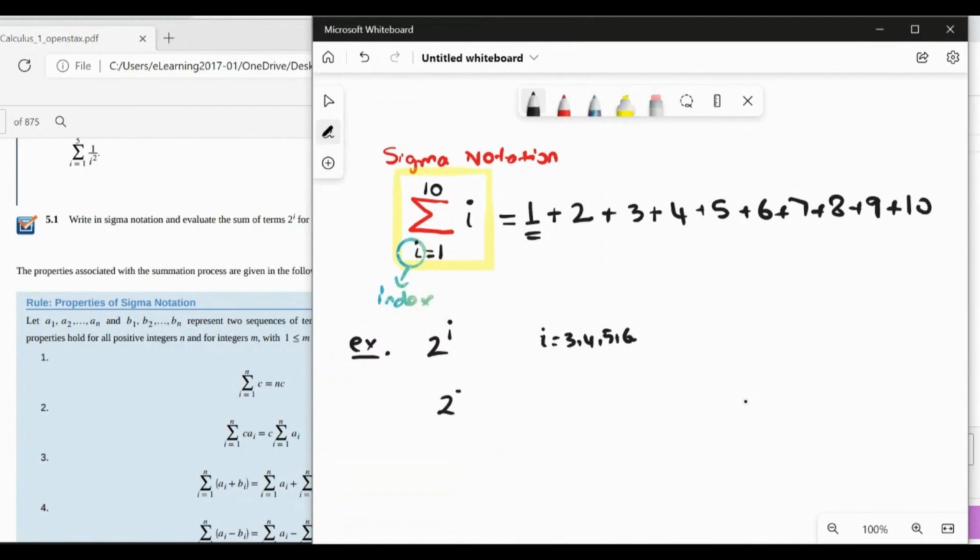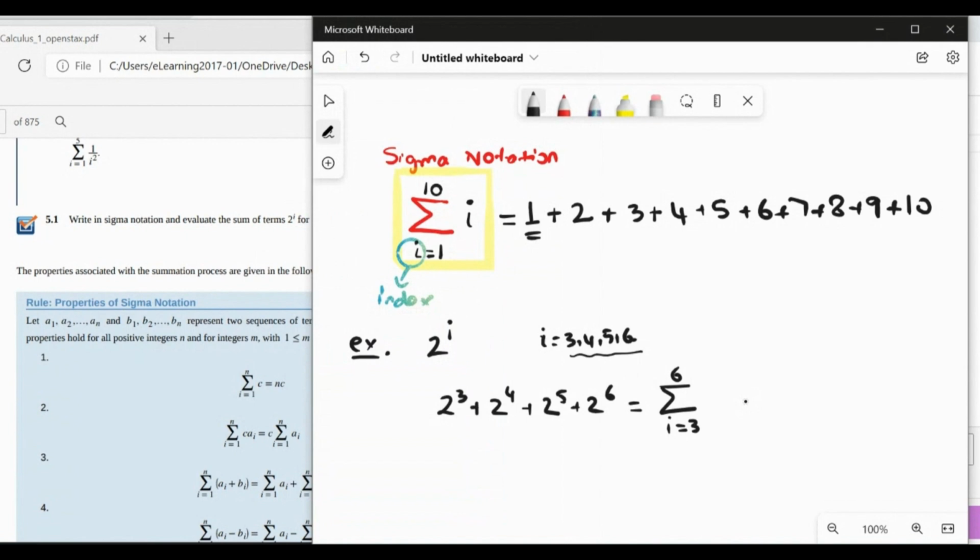We would like to add 2 to the 3, 2 to the 4, 2 to the 5, and 2 to the 6. And the shortcut, the sigma notation for this sum, is we put this capital sigma letter, and our index is changing from 3 until 6.